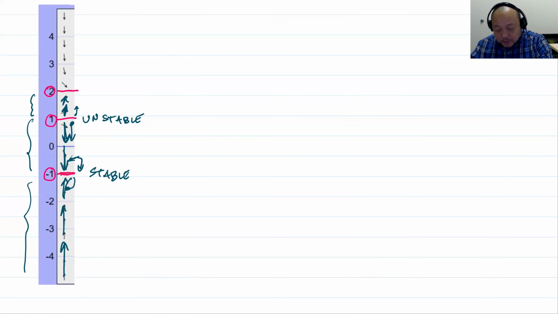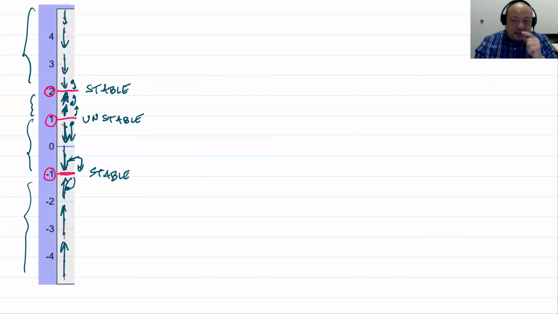Well, from below, if I'm off by a little bit, I get pushed back up to 2. So it indicates stability. But what about the other side? On the other side, all the slopes are pointing down. And so if I'm off a little bit above y equals 2, I get pushed back down to it. Yes, this is completely stable. It's stable from below. I got pushed back up. It's stable from above. I got pushed back down.